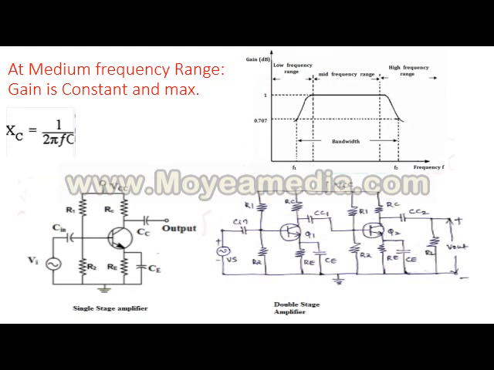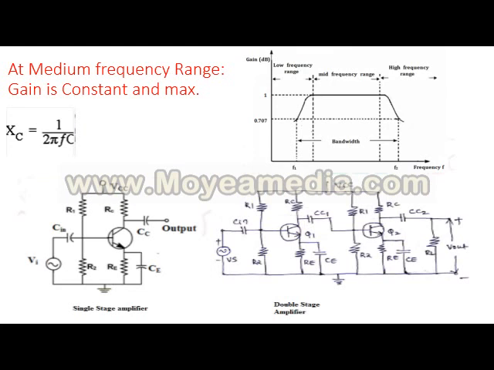So at medium frequency range, you have to consider increase in frequency from low to high and decrease in frequency from high to low. So due to these two factors, gain remains constant and it is maximum.